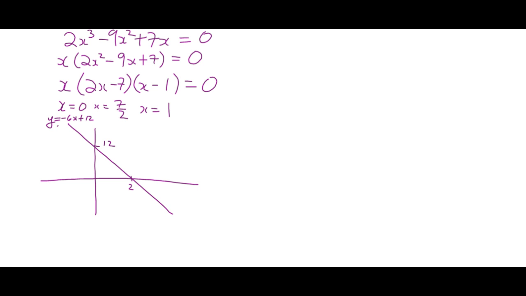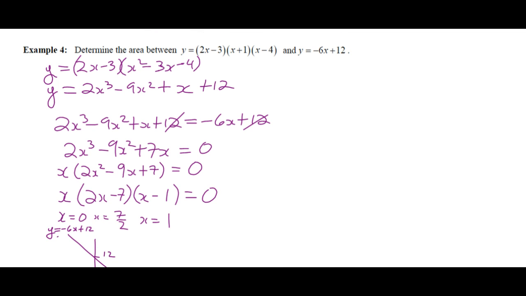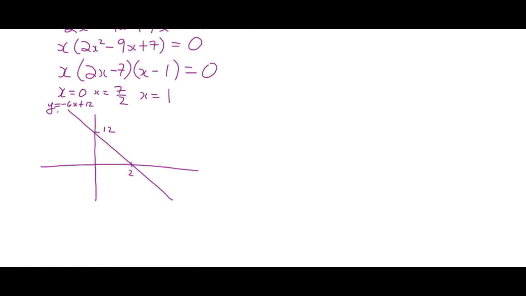And we've got zeros on the original function of 3 halves, negative 1, and 4. So 4, negative 1, and 3 halves.